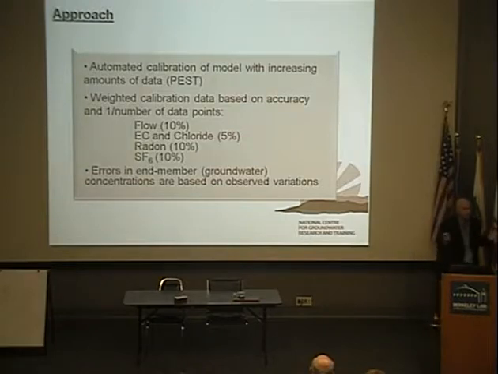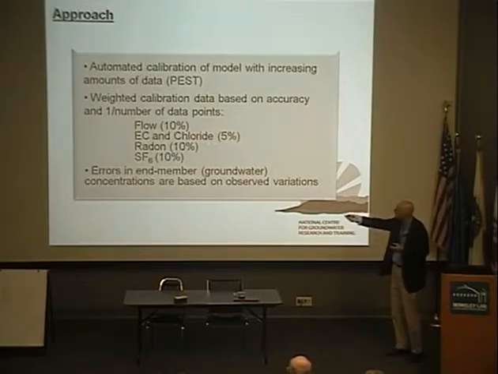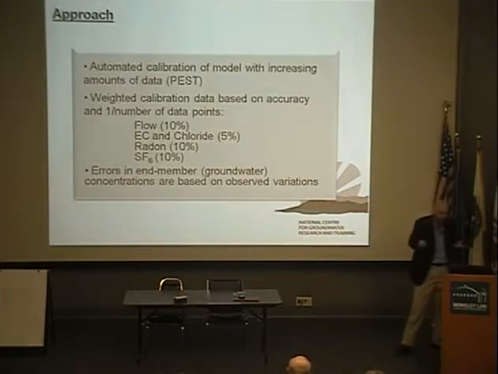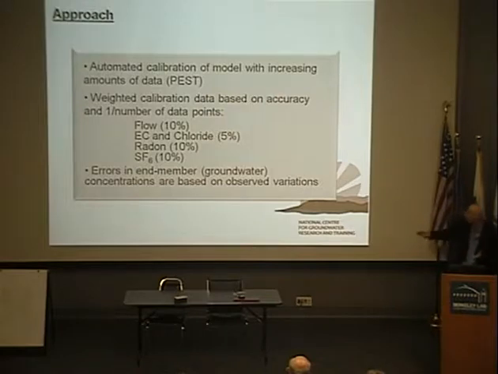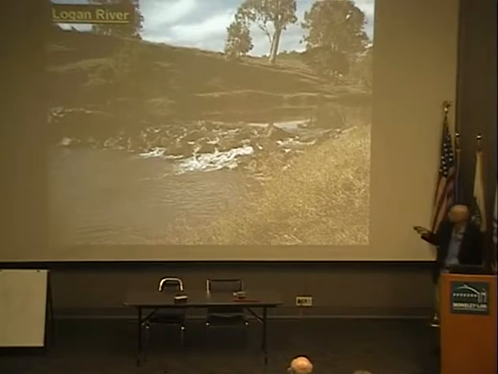Analytical error is much, much less than that. But there are other sampling errors and errors to do with the variation across the stream. So that's why we've used bigger numbers. We also ascribed that the error in end-member concentrations was based on the variations we observed in the field by sampling the groundwater.